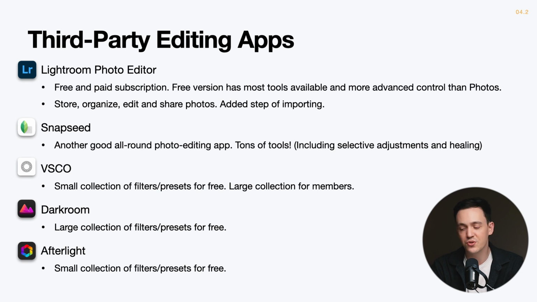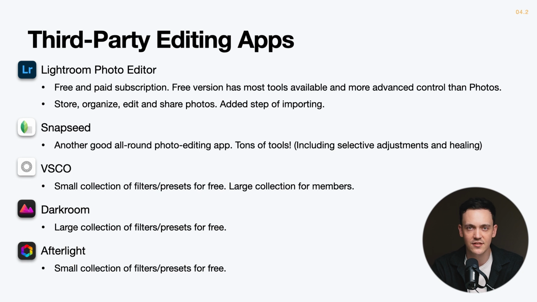Lightroom allows you to store, organize, edit, and share photos, but it has the added step of importing photos into its library. Snapseed is another great all-rounder photo editing app, and it has tons of advanced tools like selective adjusting and clone stamping. VSCO, Darkroom, and Afterlight are all similar third-party editing apps that are commonly used for their filters and presets.